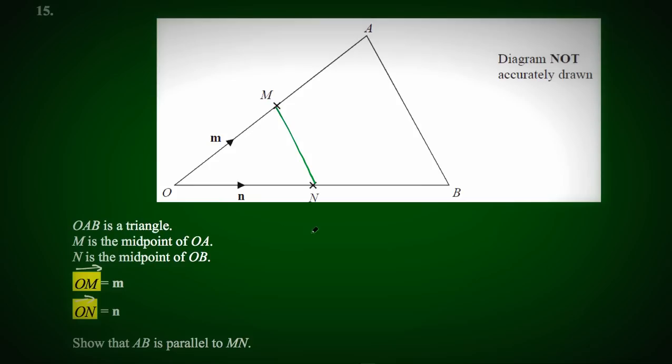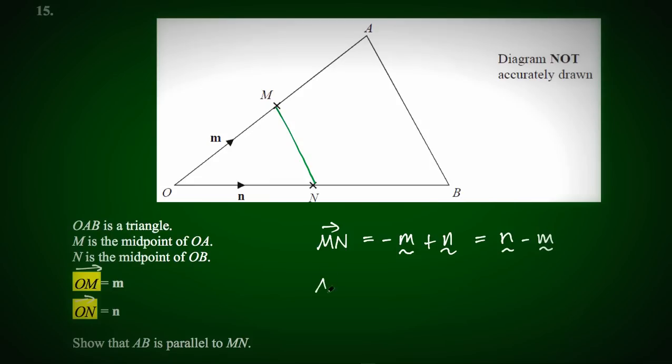So I'm going to start off by saying MN equals, and to get from M to N, I've got to go via O, because I don't know this vector in here. So that's minus m plus n, going backwards on m and forwards on n. Minus m plus n, which equals, in a neater form, n minus m.